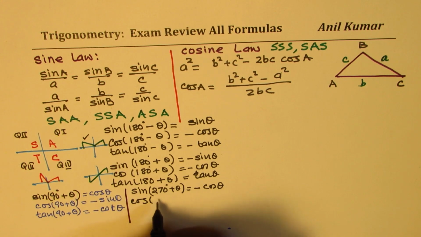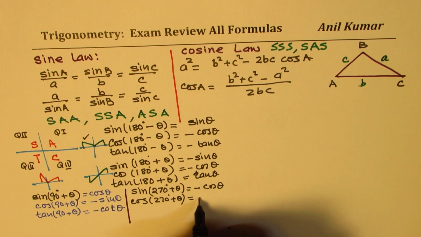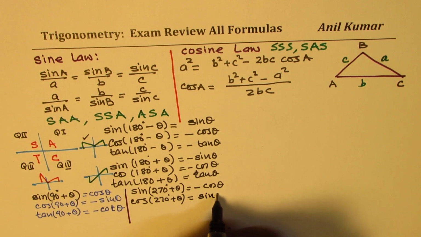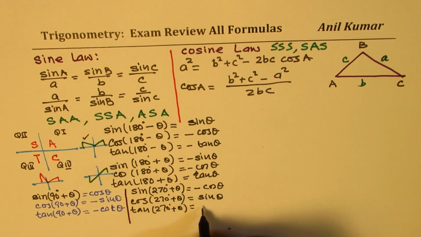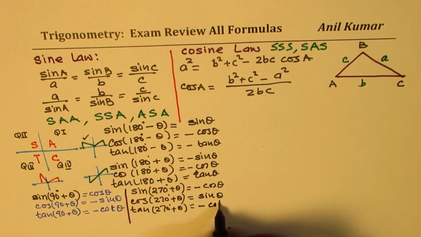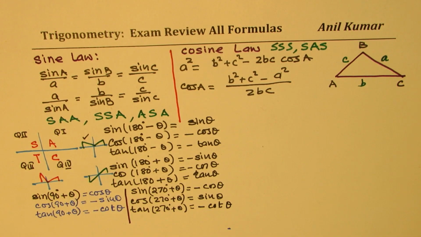For cos of 270 degrees plus theta, in quadrant 4 cos is positive. Therefore, it will be positive sine theta. However, tan of 270 degrees plus theta will remain negative, so it will be minus cotangent theta. So the cofunction is related when we are talking about pi by 2 plus theta, 90 plus theta, or 270 plus theta. Is that clear to you?